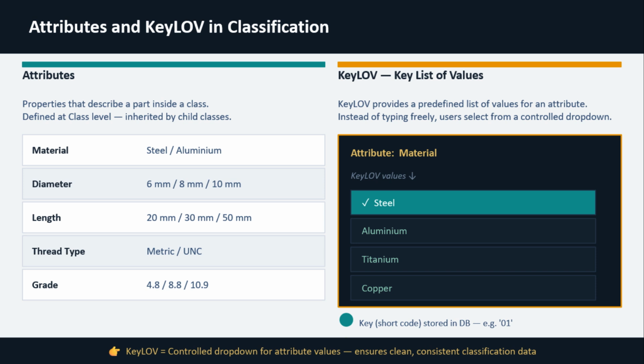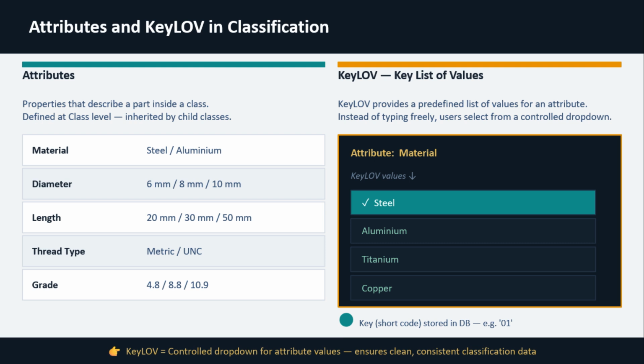Now let's see how key LOV works internally. Each entry in a key LOV has two parts. A key, which is a short code stored in the database, for example 01, and a value, which is the display text shown to the user, for example steel. Let's see why key LOV is important.